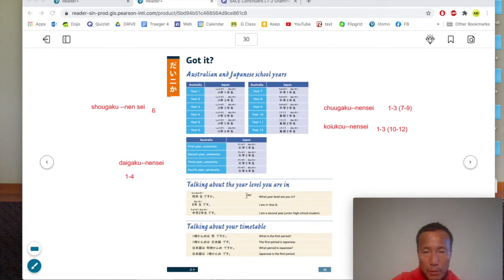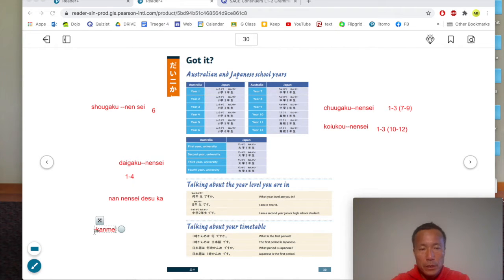Now talking about the year level. 何年生ですか? What year level are you? And then 8年生です or 中学2年生です. Now next one is talking about your timetable. ○時間目 means period 1, period 2.